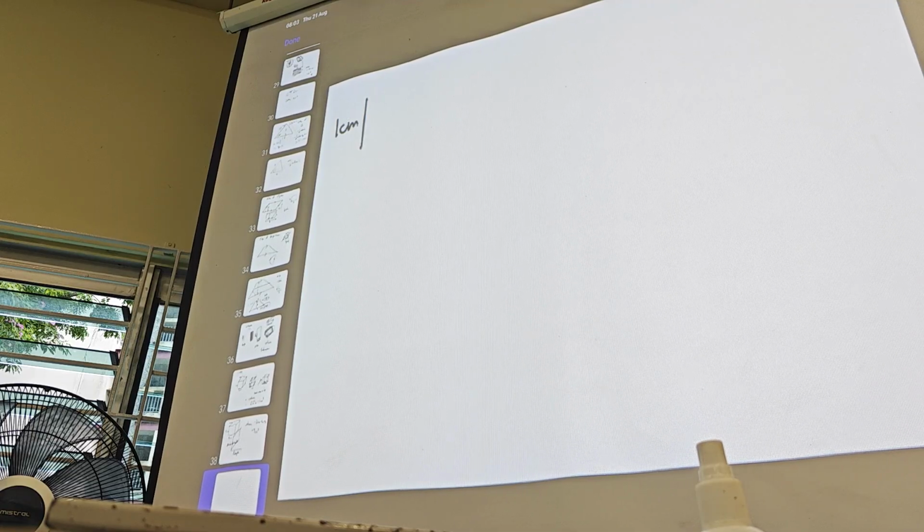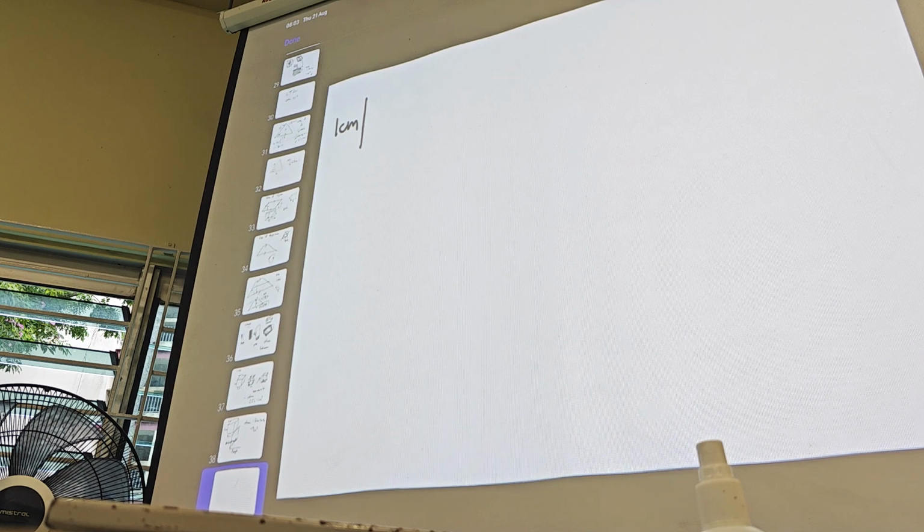Okay, so let us start with area. When I have a line, let's say my line is 1 cm. A line only got length, okay?